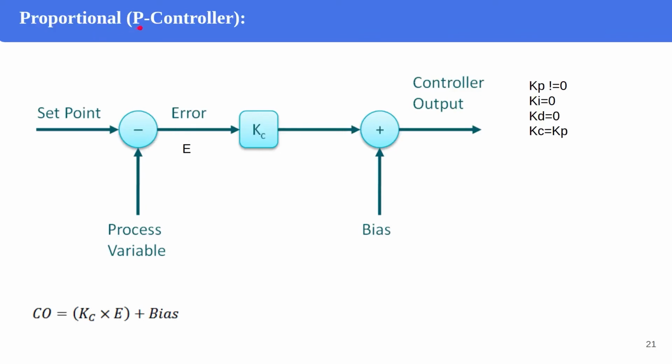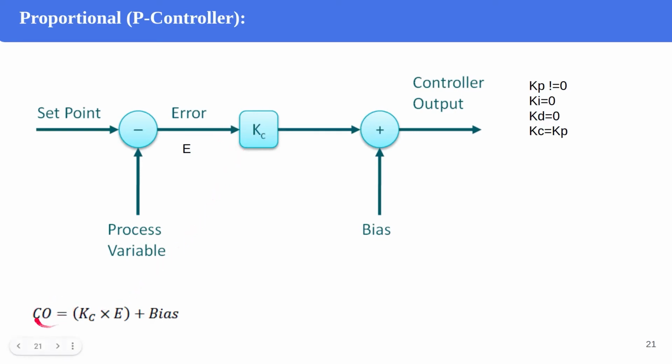The proportional or P controller, as you see here, the proportional gain is not 0, but the integral gain and derivative gain are 0. And here the Kc or controller gain is equal to the proportional gain.